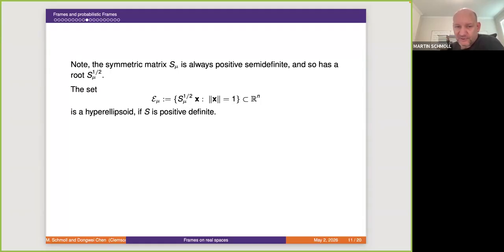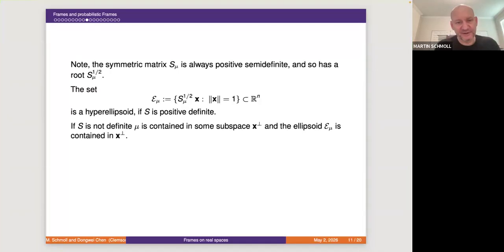That's an ellipsoid, or hyperellipsoid, of full dimension because you have a frame and S_mu has full rank. That gives you a lot of interpretation about the constants A and B in the initial definition of a frame. That makes this into something geometrical if you think about it for a moment.